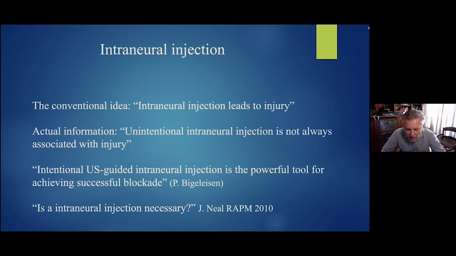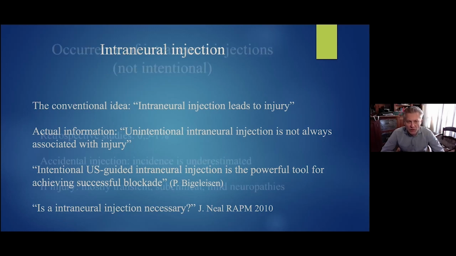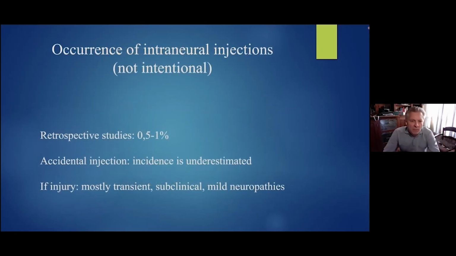And Neal in 2010 had the same question: is it really necessary to perform intraneural injection intentionally? What is the occurrence of intraneural injection when it is not intentional, when it is accidental? And we see that in retrospective studies, we have a frequency of 0.5 to 1%.